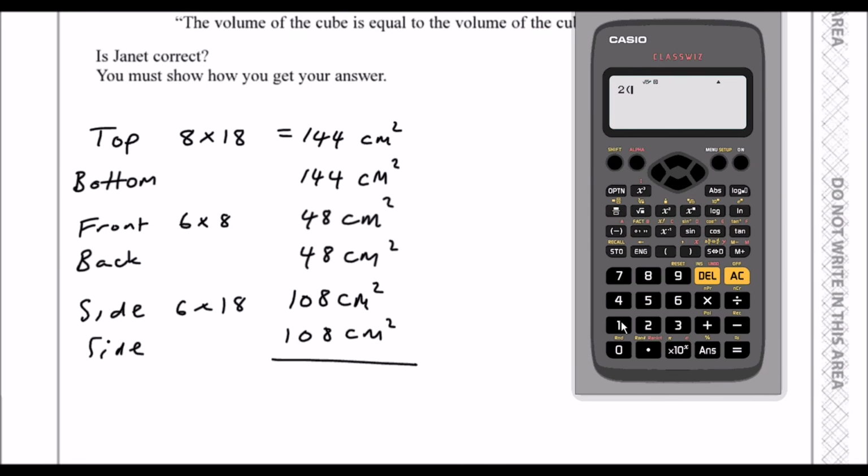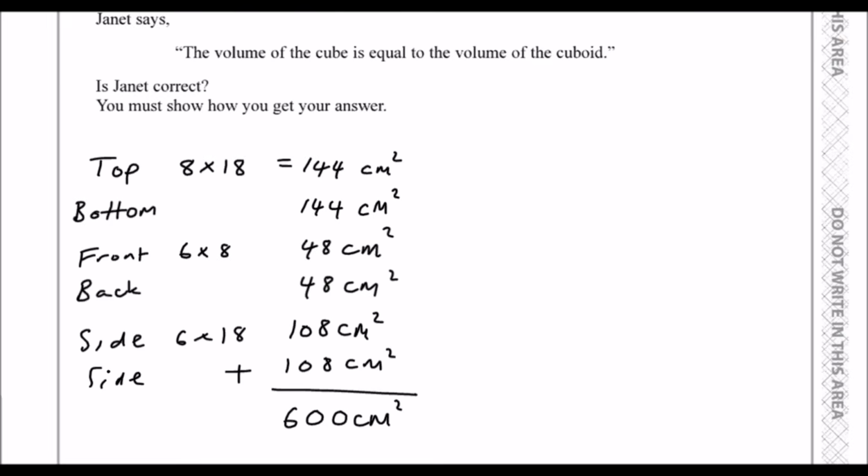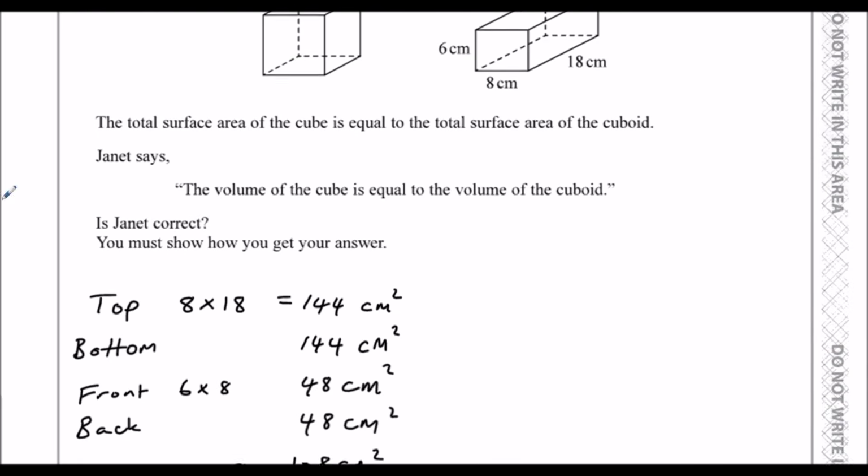So we've got two 144s, two 48s, and two 108s, which gives a total of 600. So the total is 600 centimeters squared.